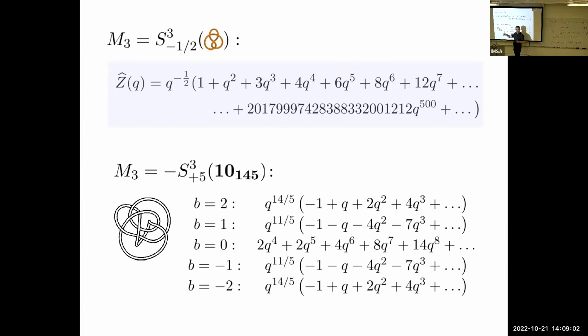There are different starting points, but by the end of the day, once you implement the surgery calculations, you get the same Q series. So we can verify an analog of this statement for more general surgeries on knots. But again, we're talking about three-manifolds. In some sense, knots are just a vehicle or intermediary to get to the manifold.